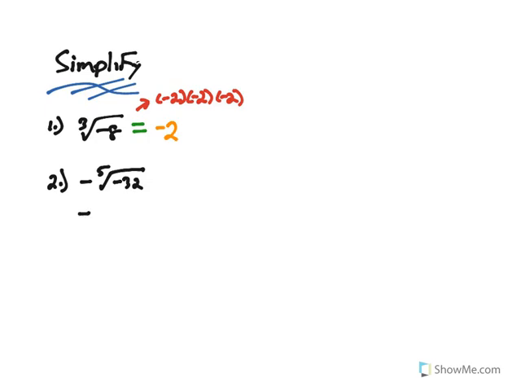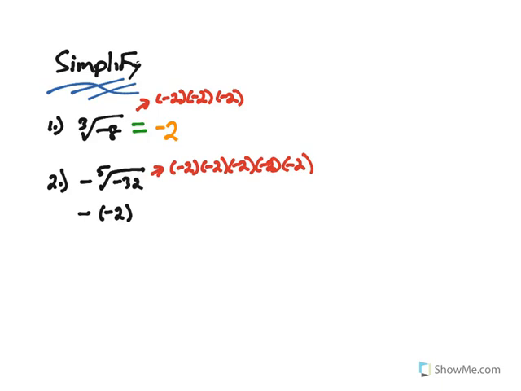Now we've got to be careful, because we're taking negative 2 times negative 2 times negative 2 times negative 2 times negative 2. We know 2 times 2 times 2 times 2 times 2 is 32, and if you multiply an odd number of negatives, which will be 5, you get a negative 2 back.